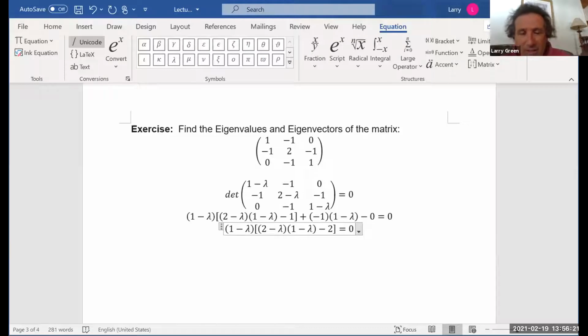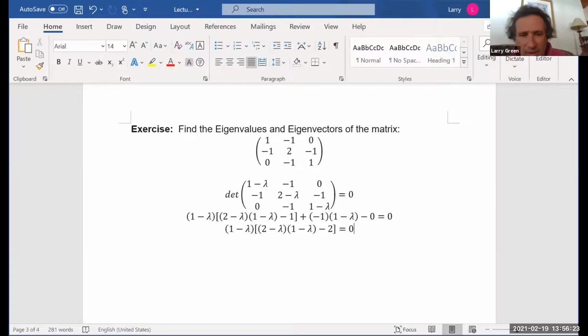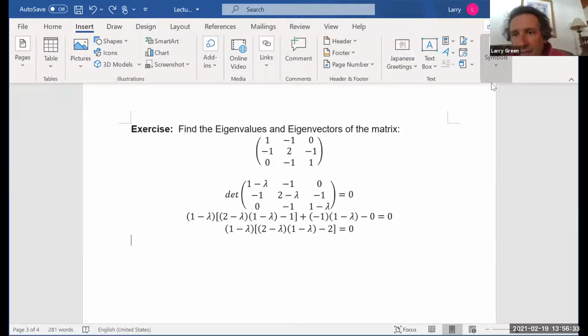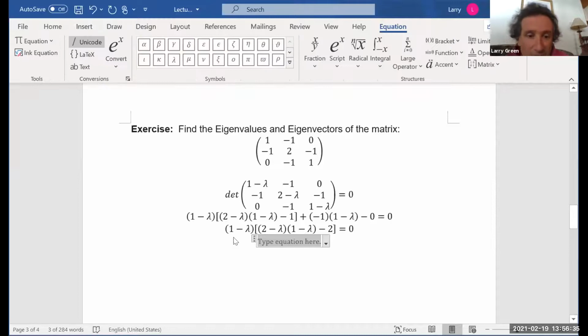Any questions so far? Okay, so now we continue on. So we have a 1 minus lambda, keep that factored out. The whole point is we want to factor things when you set things to be 0. So 1 minus lambda. And now let's multiply out the rest.